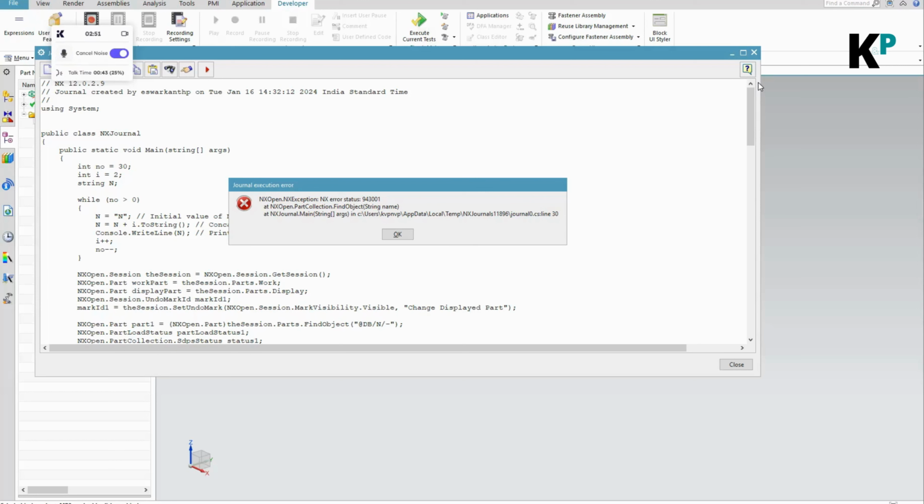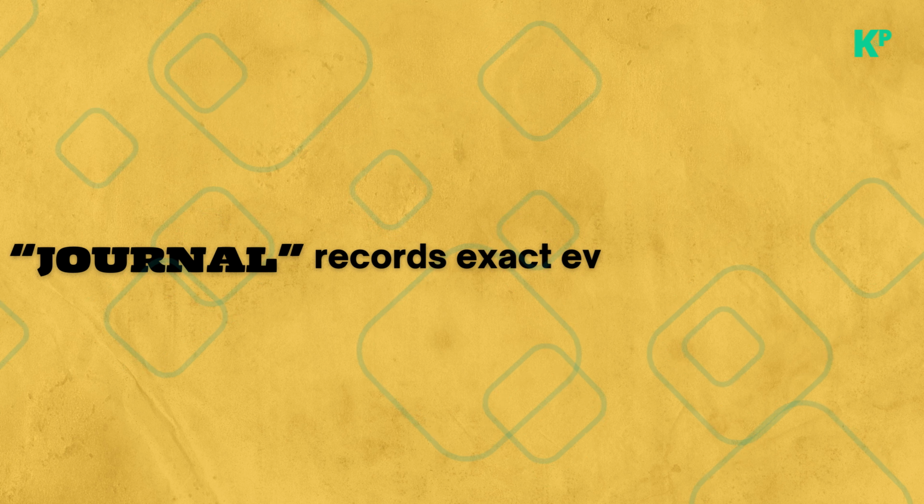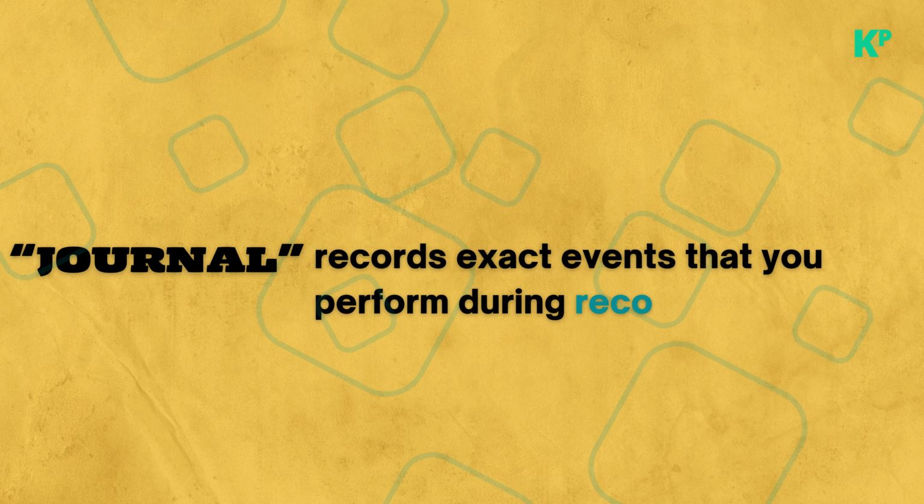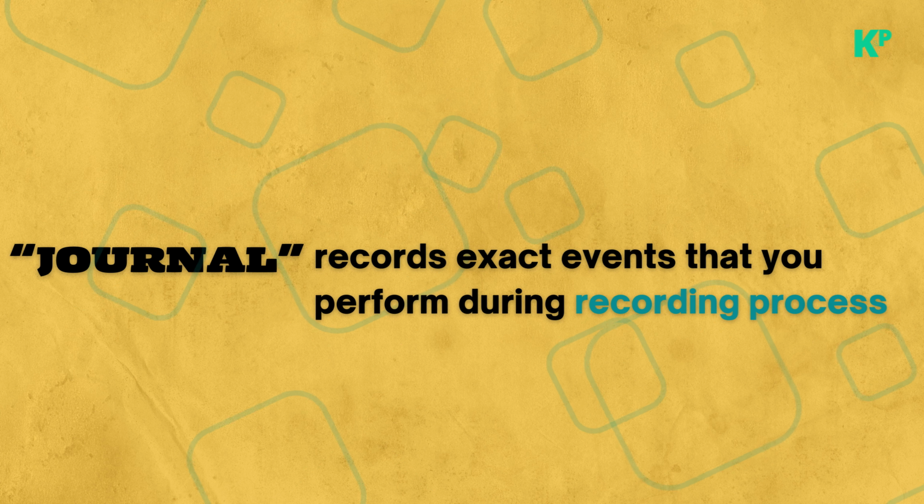I call it find object problem because you need to do something to remove this find object call from your program so that your program will work. What happens is a journal records the exact events that you performed during the recording process.